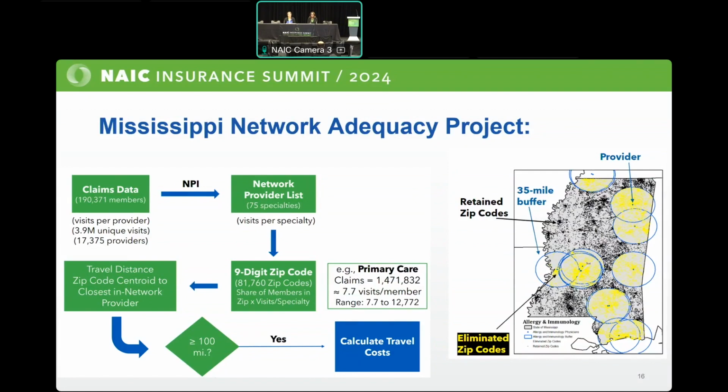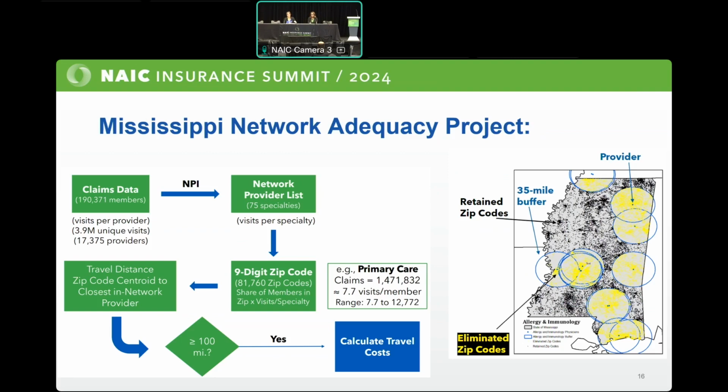Then it went to looking at who are the providers in the network, so there's all the data around that, including their zip codes. And a great deal of analysis and work was done to figure out the network adequacy results in terms of how many of the visits would carry a penalty because they were too far away, where traveling to the provider was farther than what the regulation required.